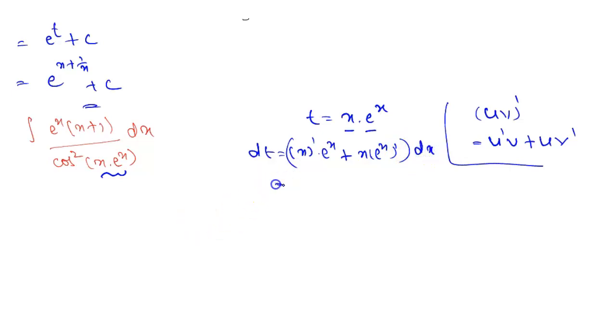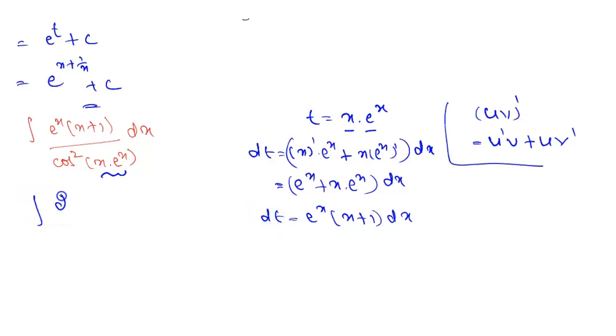Now x dash is 1, so e power x plus x into the derivative of e power x, which is e power x only, into dx. This is equal to e power x into (x plus 1) dx. So here I can replace the complete numerator with dt.